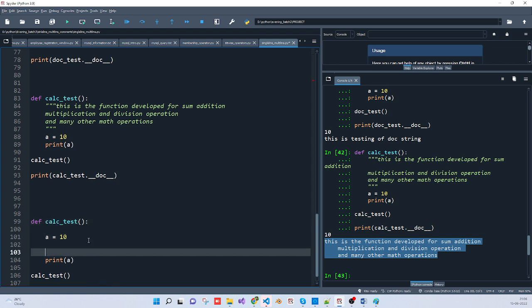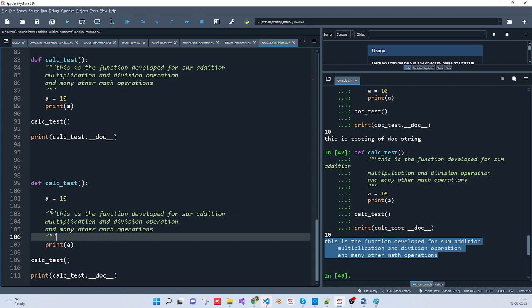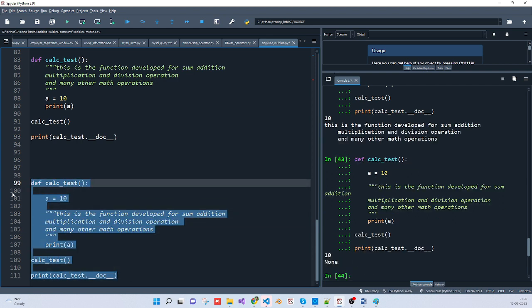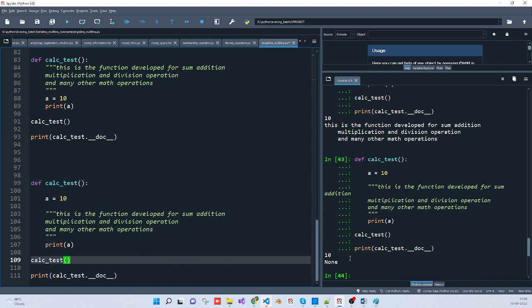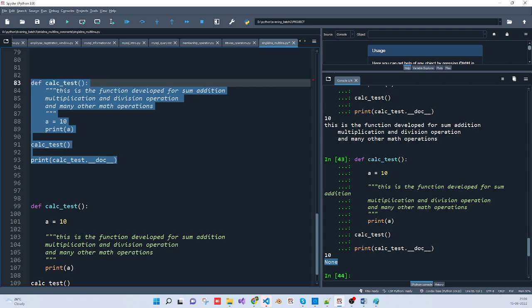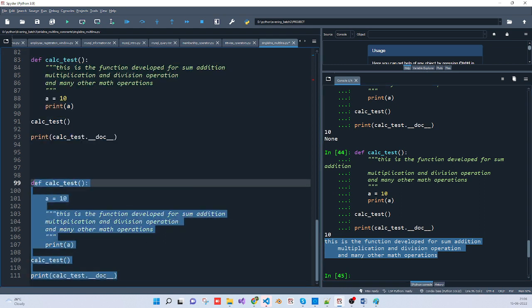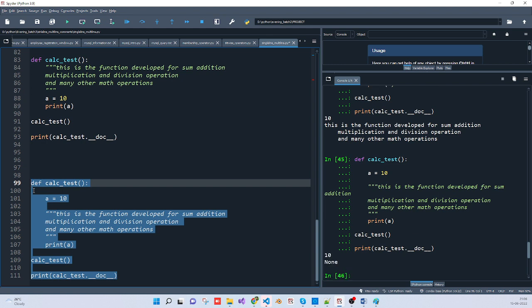Now see, this one is somewhere in the middle, not here. Now observe the output. What is that? None. Here it is showing all the docstring, but here it is not showing the docstring because of the monkey fellow or some other thing.